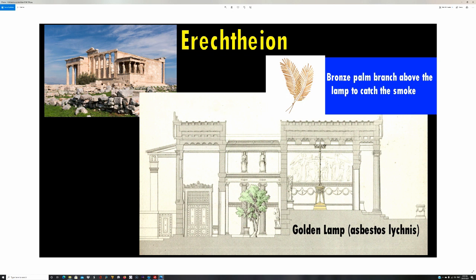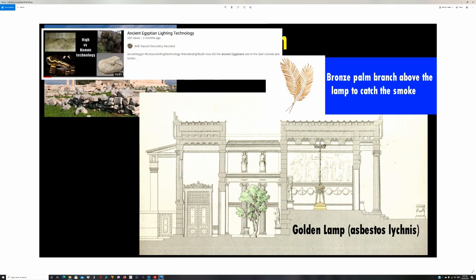And I did a video a while back on ancient Egyptian lighting technology. What the Egyptians did was mix castor oil with natron and use that in their lamps, and that was a smokeless flame as described by Herodotus.